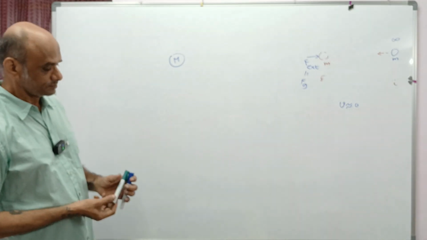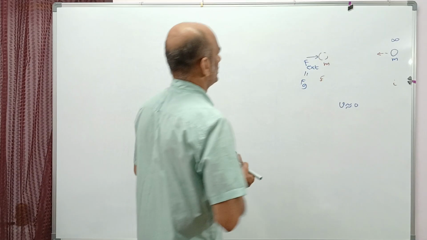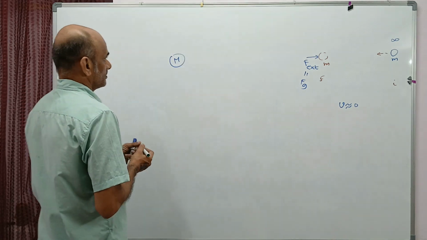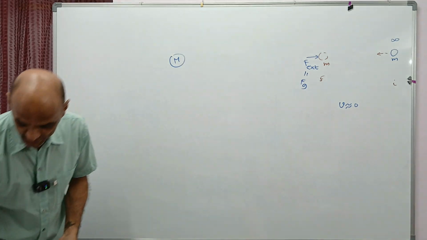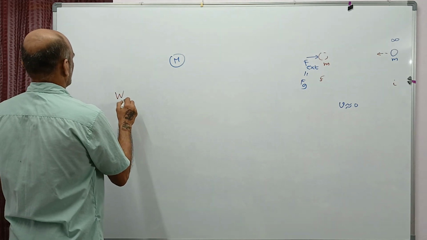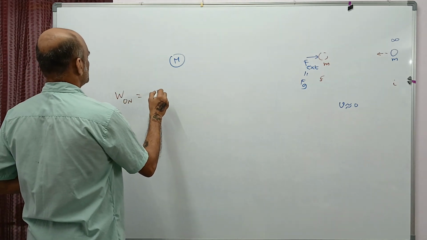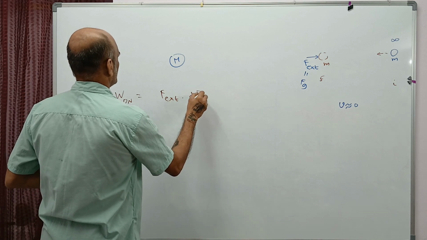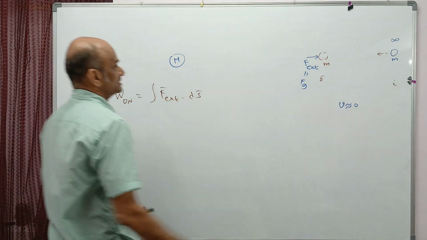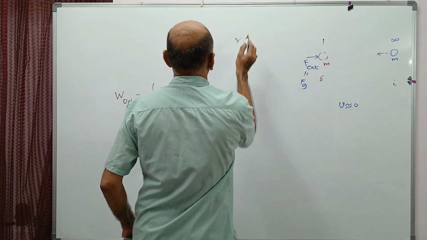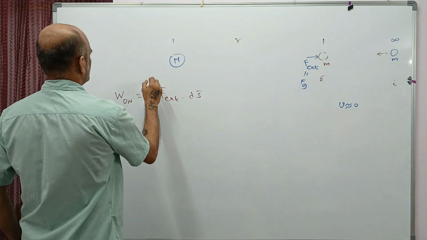So the work done here, the work is actually done by the system because the system is actually pulling the mass towards this one. So work done on the system is integral F external dot ds, from infinity to say distance r.